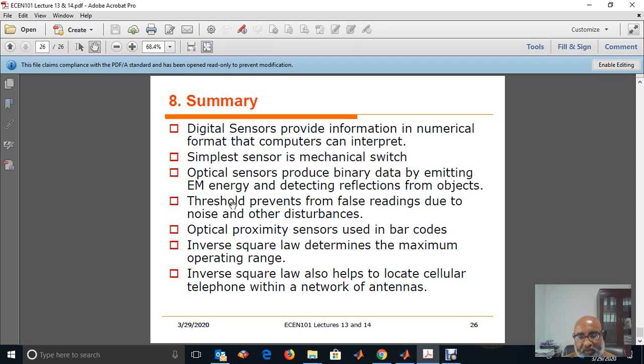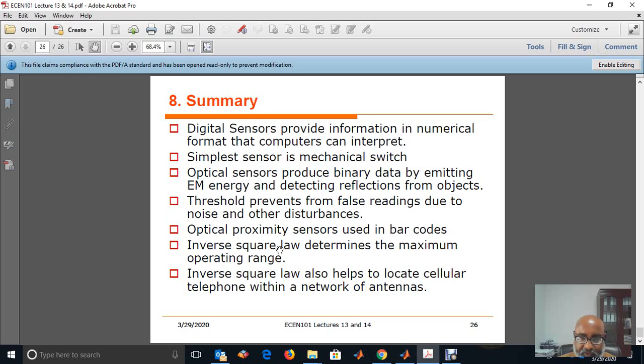That's the minimum power that can be used to detect received information, which means the sensor can be located at a maximum distance, Rmax, provided that it satisfies the threshold power requirement.